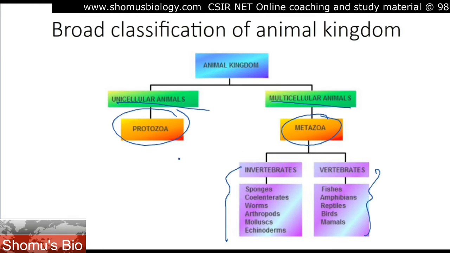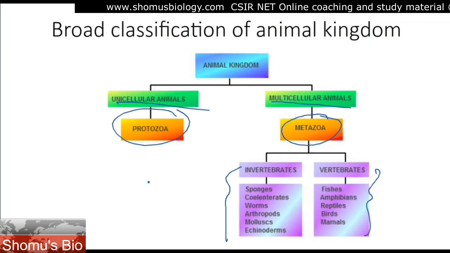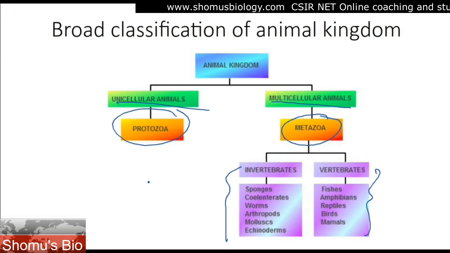Now, a very simple question you can ask yourself: how exactly do we classify organisms these days? Earlier, the classification of organisms was purely based on morphology, the structure of the organism. So by looking at it from outside, we could say which organism is similar to which organism. But now we mostly focus on the genetic understanding, that is, the genetic similarity and dissimilarity between organisms.